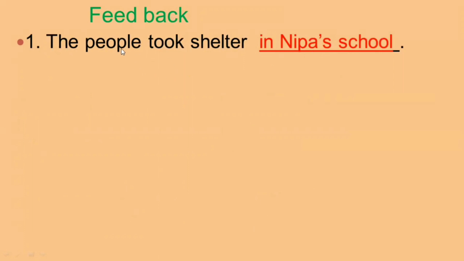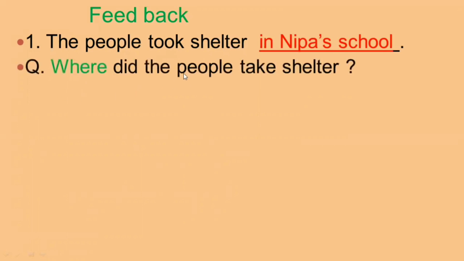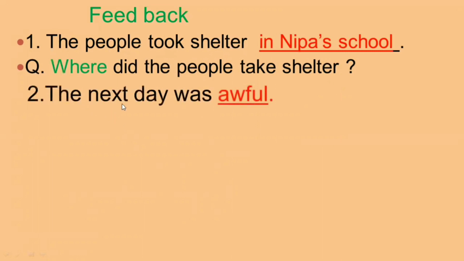As the verb is in the past tense, you have to take did as an auxiliary verb, isn't it? Yes. So, why did, then the subject, the people, and the present form of the verb take, then shelter. Why did the people take shelter? Then question mark.